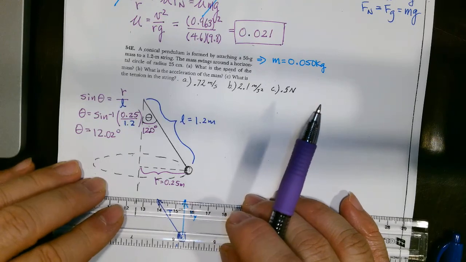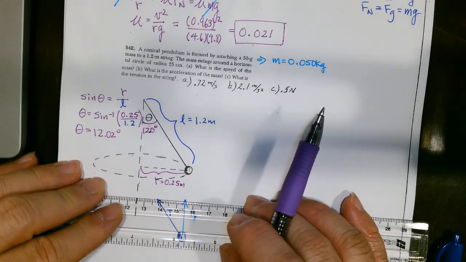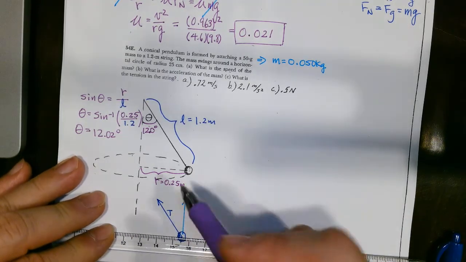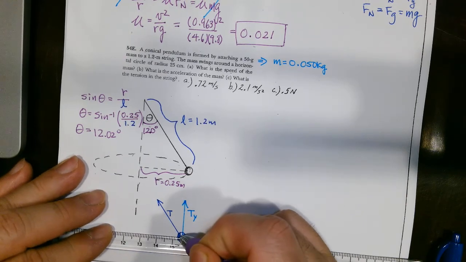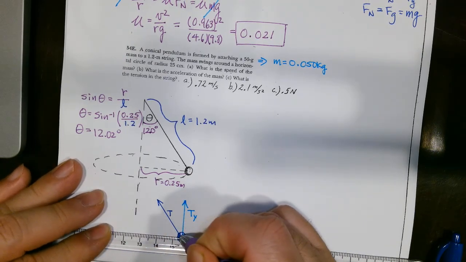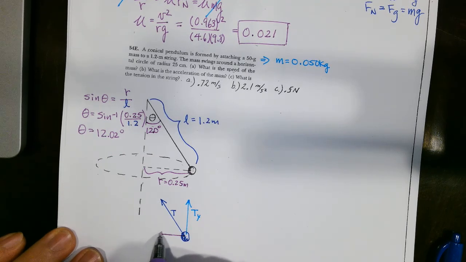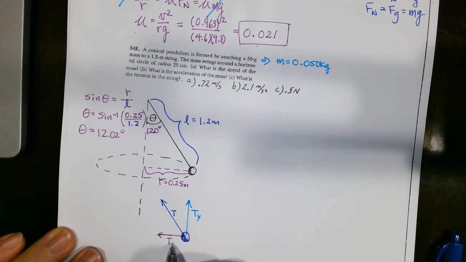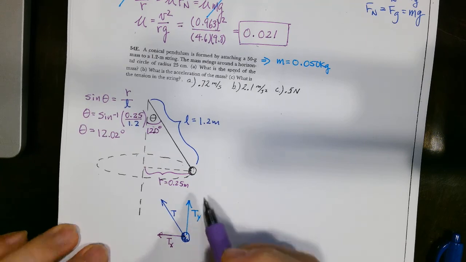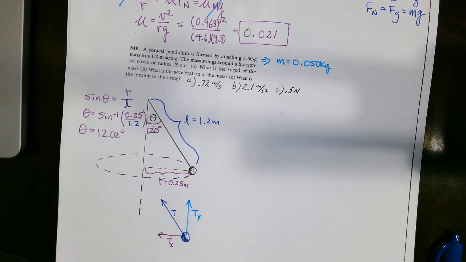Now I could draw my Tx here, or I could draw my Tx down here. That's the same Tx.